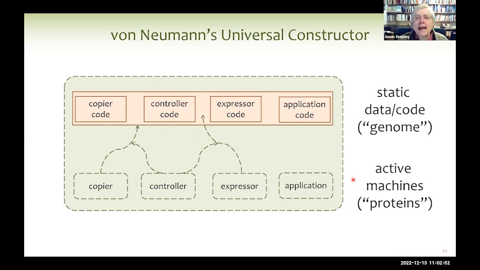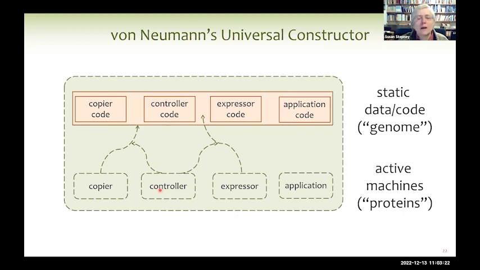And then you've got the active machines, which are the expressed code actually executing. And so the copier code is expressed as a copier machine, which copies the genome. The expressor code is expressed as an expressor machine, which expresses the code. So that it's like the compiler that goes from the code to the executing machine.